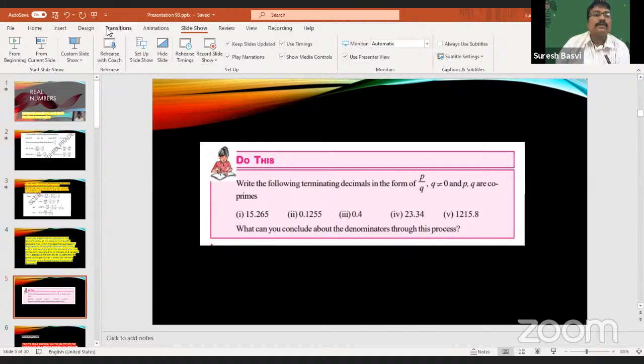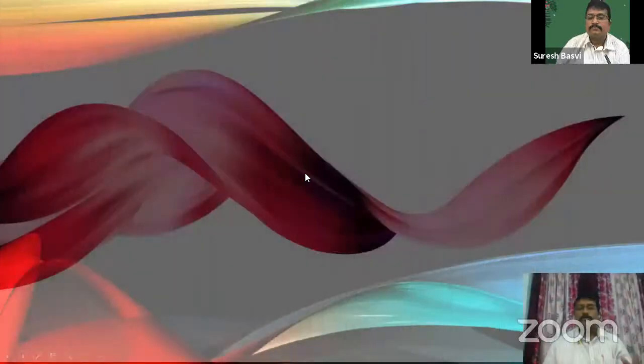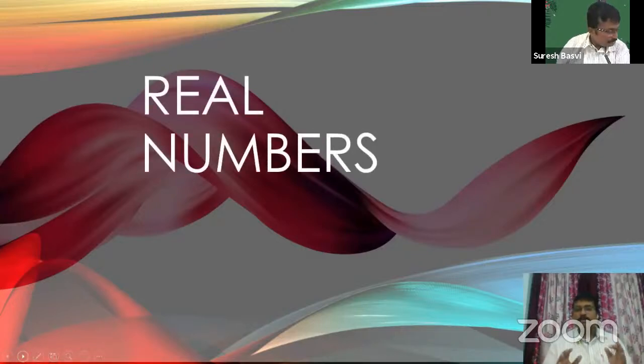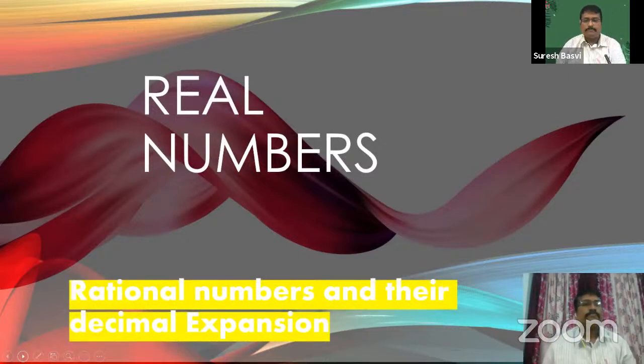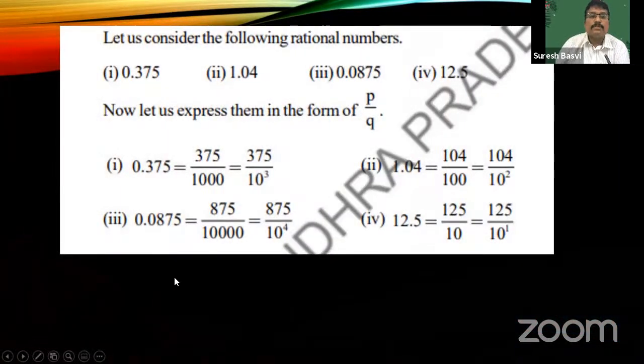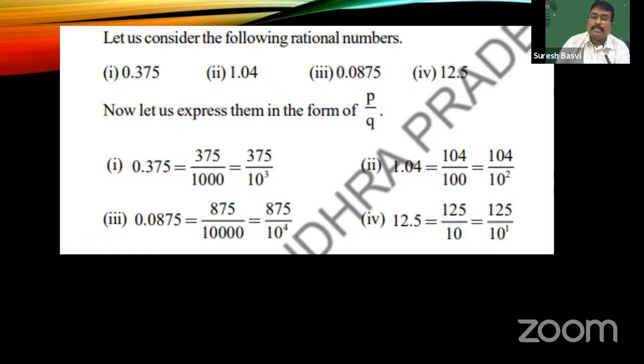So again it is coming. See this, 0.375, 0.0875, 1.04 and 12.5 all have powers of 10 in the denominator.